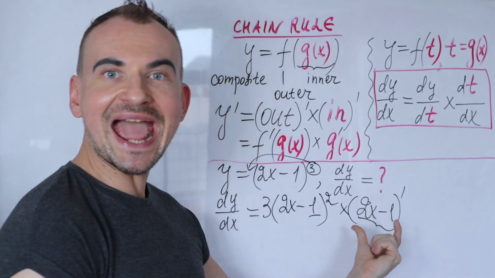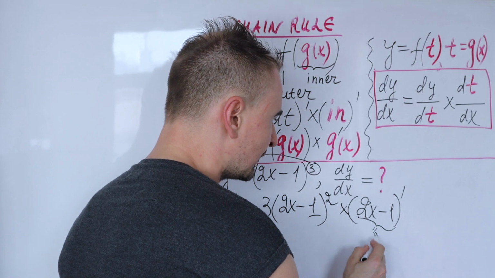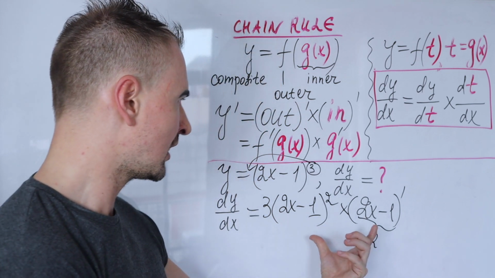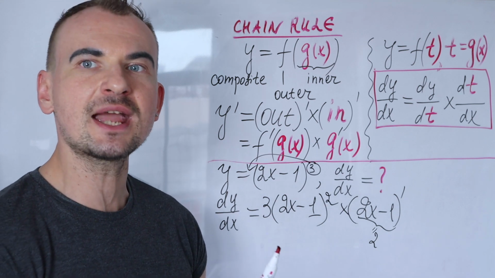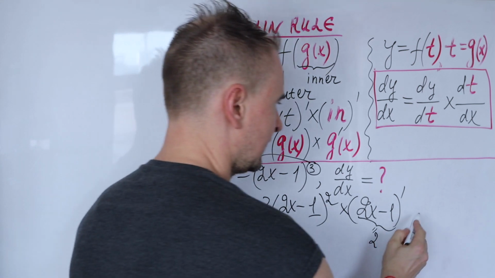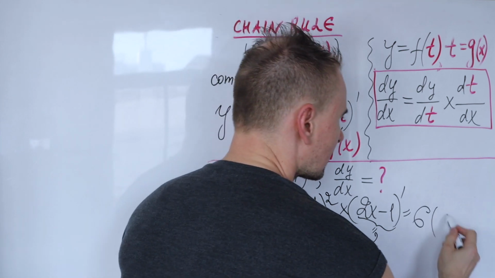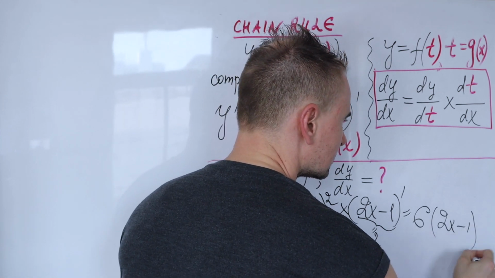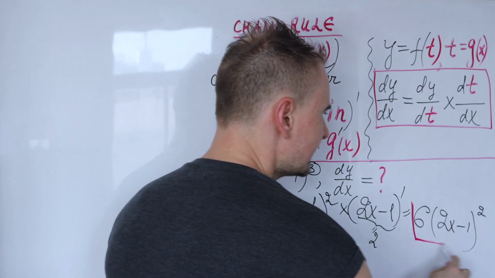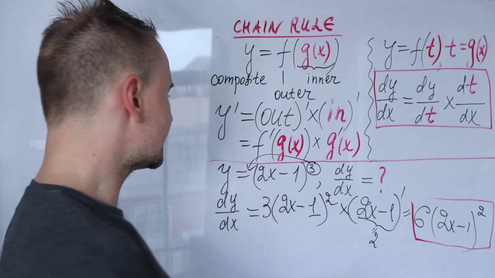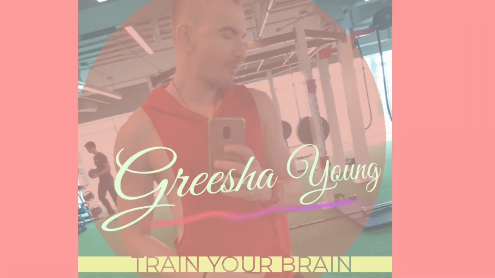The derivative of x is just 1, so that would leave you just 2 instead of the second term. So 3 and 2 come together, so it gives you just 6. So this is your derivative for that function.